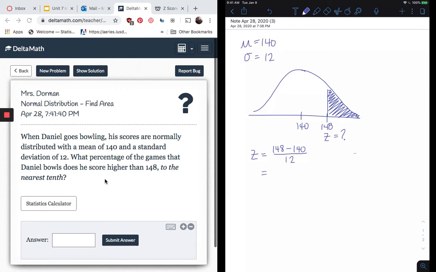I'm just going to go to my calculator and type this in. Okay, so I got 0.6 repeating. I'm going to round it to 2 decimal places, so 0.67. I'm going to mark on here that the z-score is 0.67. And what that means is the score of 148 is 0.67 standard deviations above the mean.